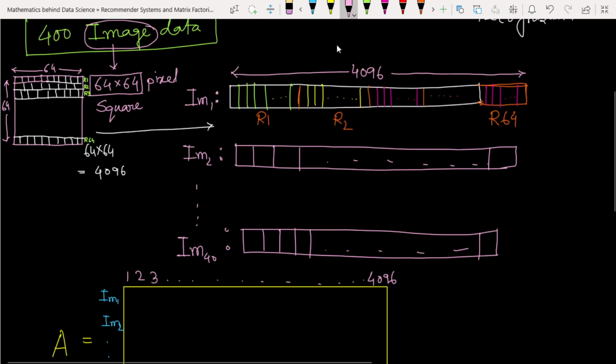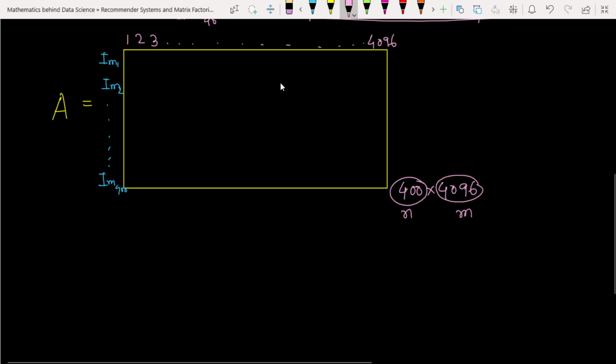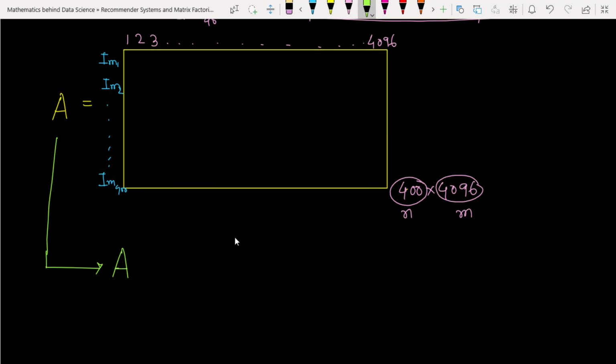Since we are interested in applying PCA to find the eigenfaces, first we have to compute the covariance of A. Suppose, instead of using the dimension M, let it be D. So the covariance of A will have dimension D cross D. We have already seen how to compute the covariance matrix.